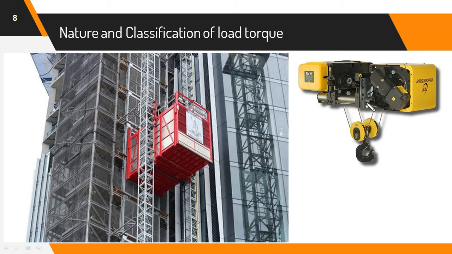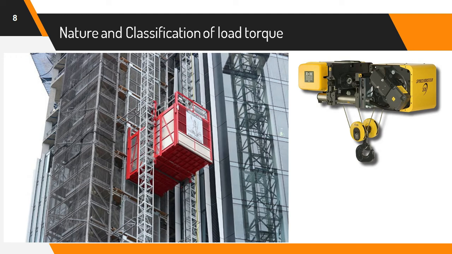If a low speed hoist is there, torque is constant and independent of speed. As speed increases there is no difference in the torque. At low speed windage torque is negligible, therefore the net torque is mainly due to gravity, which is constant and independent of speed.